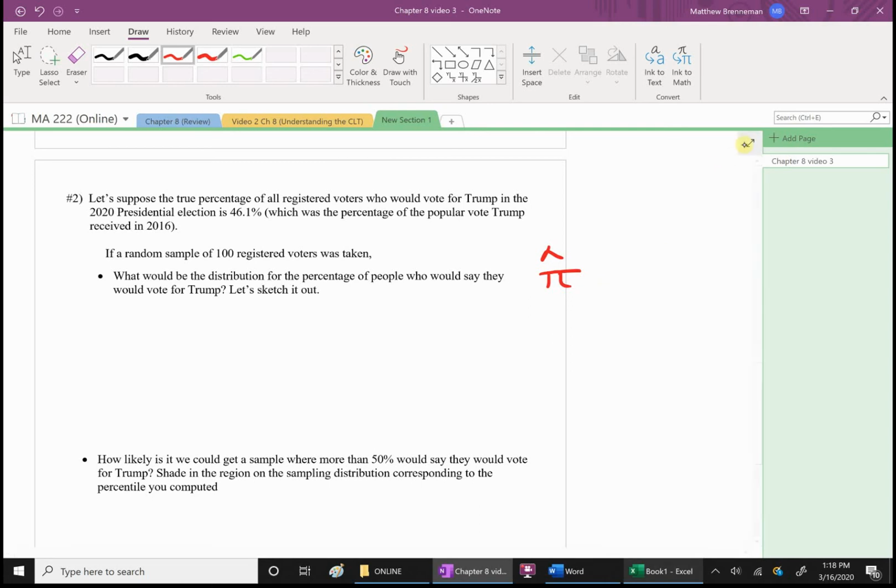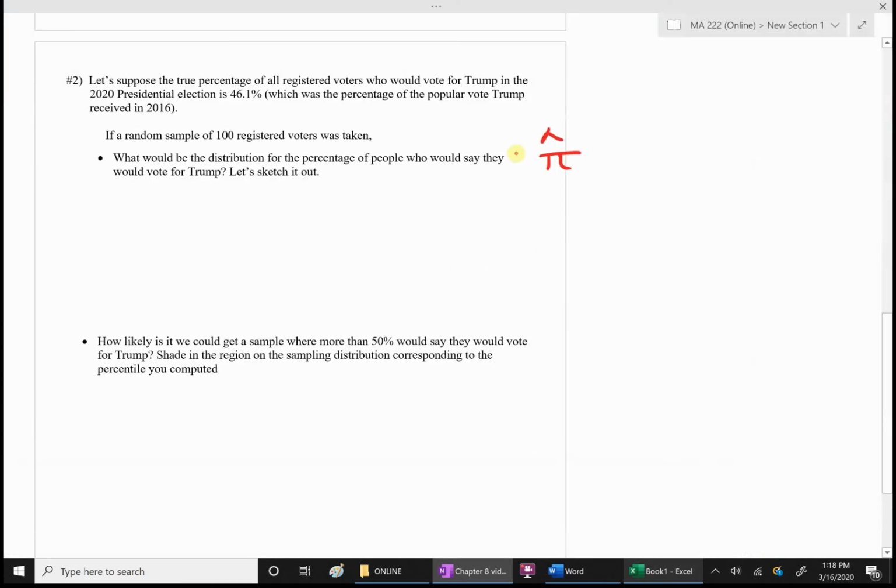And I know already from the central limit theorem, and you should take your time and make sure that all of the assumptions are satisfied, but they are. Okay, this is going to be a normal distribution. Notice that here pi is assumed to be 46.1, right? I'm assuming this is a true population percentage. So pi is equal to 0.461.